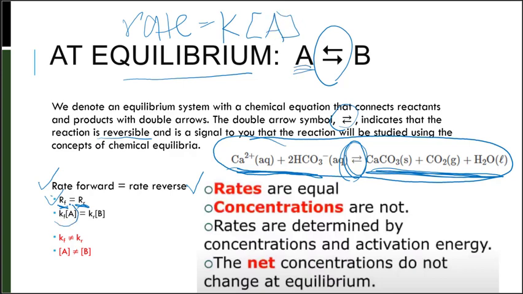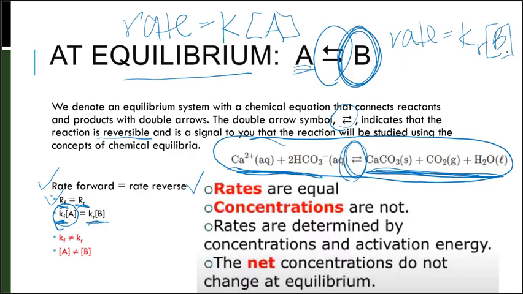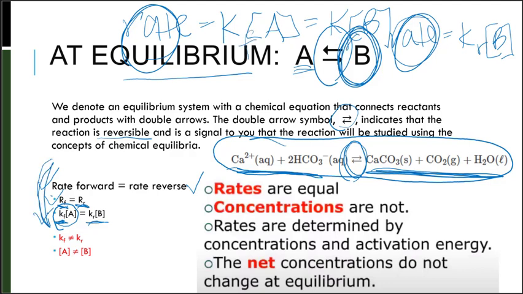So I could say that the rate, which is the forward reaction rate, is k times the concentration of A, is equal to, now going in reverse, if this was a reactant, I would say that rate is equal to k going in reverse times the concentration of B. If I set these two equal to each other, so if I said rate and rate, I can say that kf[A] is equal to kr[B]. This is my forward, this is my reverse. So the rates are equal. This is three ways of saying that the forward rate is equal to the reverse rate.